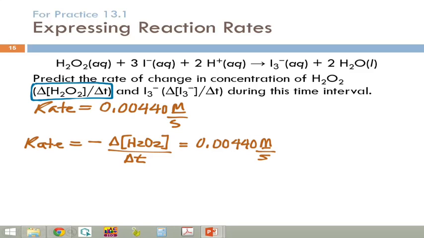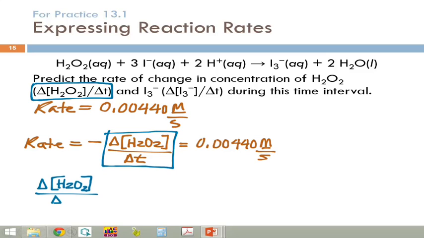It's just a change in sign, right? So we need to lose the negative sign. So we're going to solve for this. And so when we solve for that, we get delta H2O2 divided by delta T equals negative 0.00440 molarity per second.